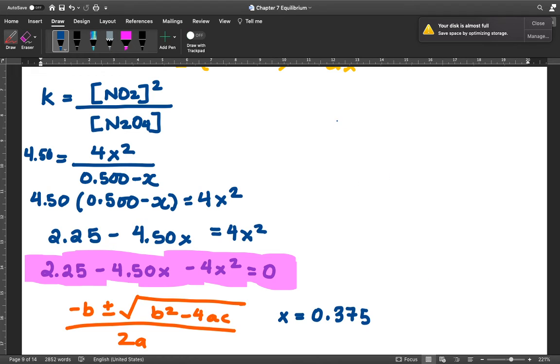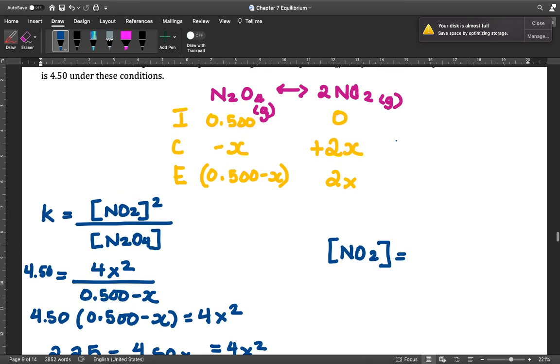So if we take a look here, we start by finding the concentration of NO2. We know that the expression at equilibrium is 2 times the value of x. So 2 times 0.375, which gives us a concentration of 0.750 moles per liter.